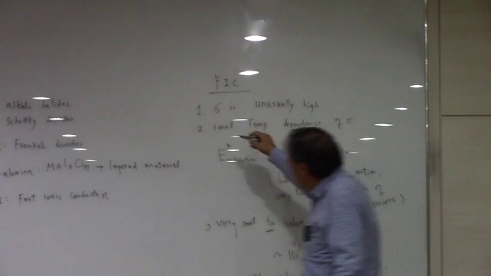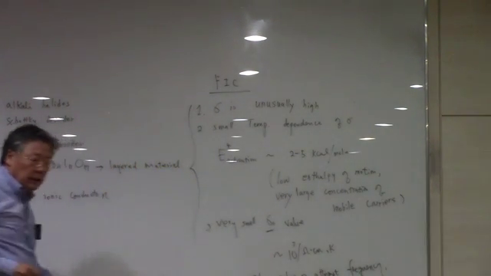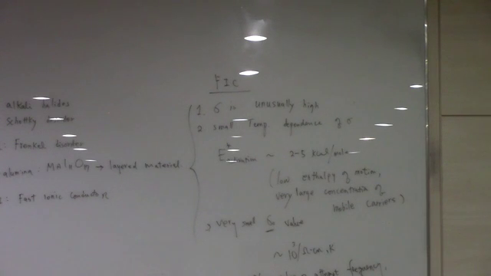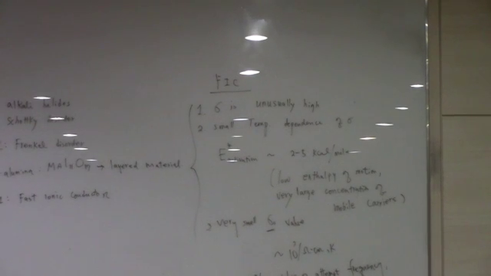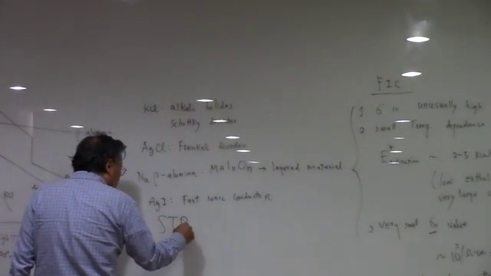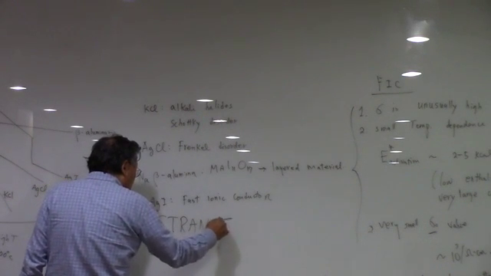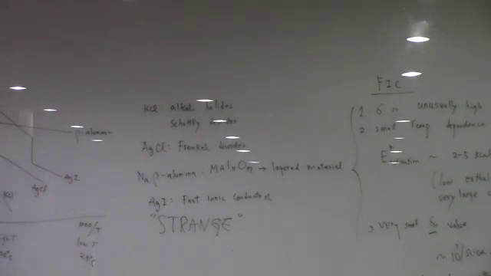So from one to three, we come to a conclusion that something very strange is happening in the superionic conductors. And we really don't know what is happening, which is called the strangeness of the superionic conductor.